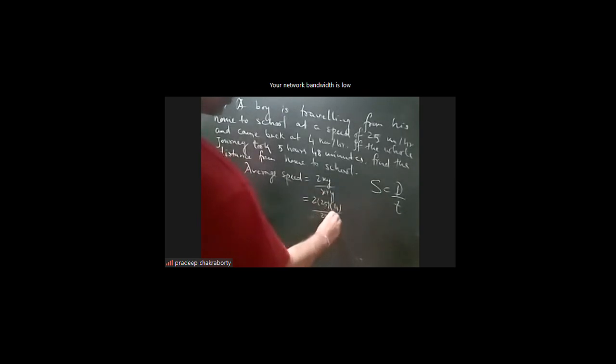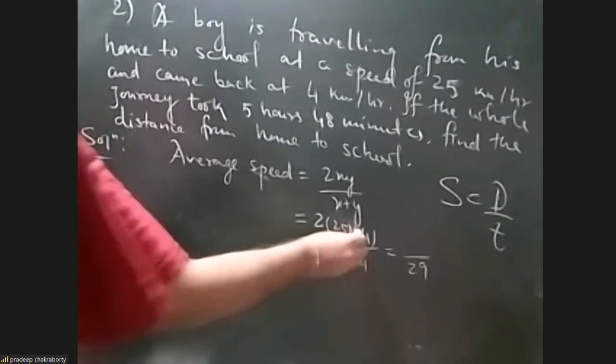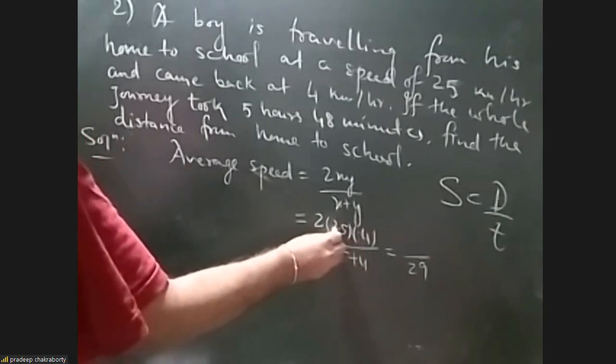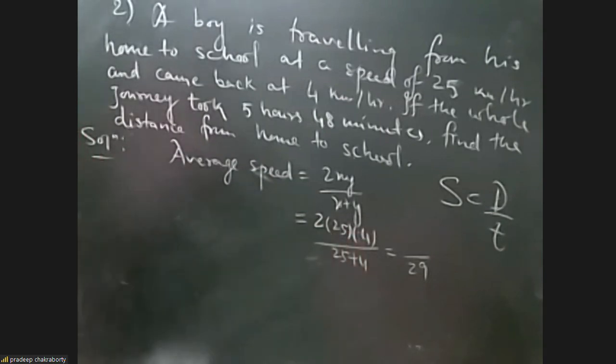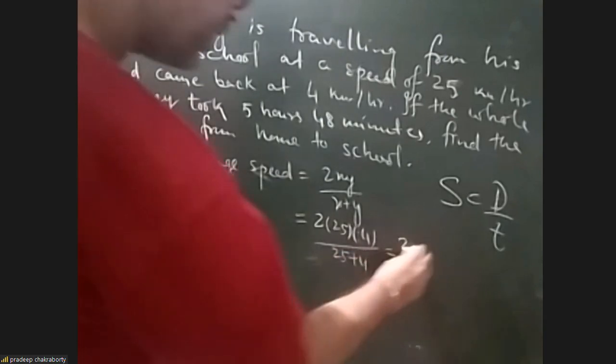So 25 plus 4 is 29, and 2 times 25 times 4 is 200. So it will be 200 by 29 kilometers per hour.